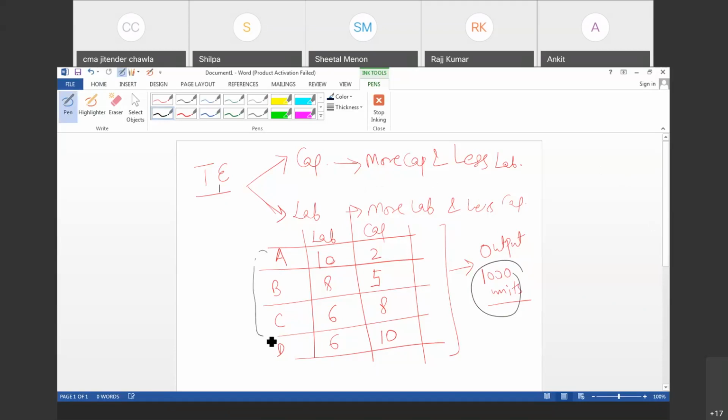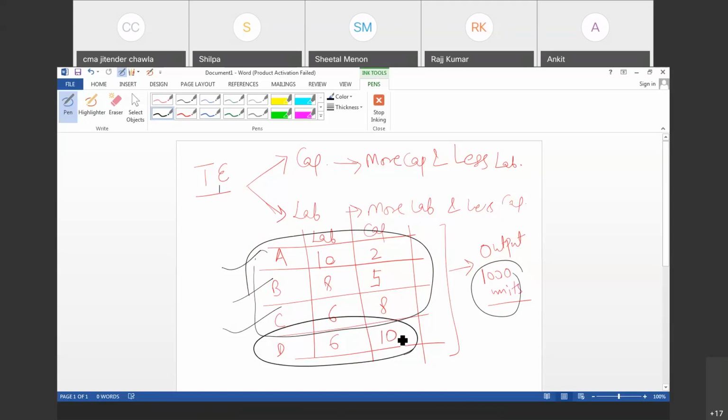I am confused about processes A to C. I can use either A, B, or C. I am a little worried about which technique to use. But what about process D?